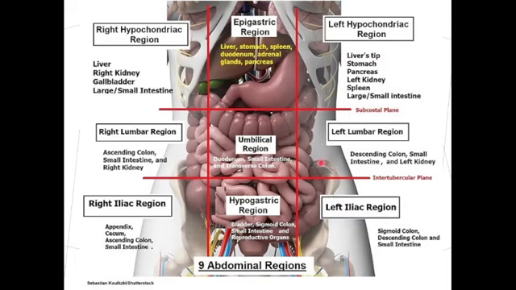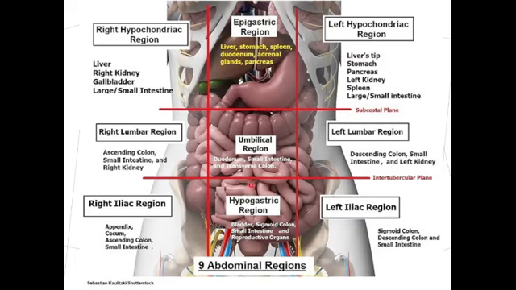In our left lumbar region, we have the descending colon, small intestine, just right here, and our left kidney, just behind here. Next, we have the right iliac region. You can see here our appendix, our cecum, our ascending colon, and small parts of our small intestine.